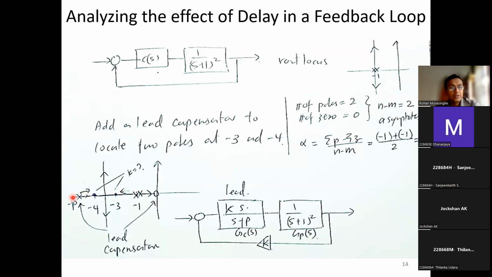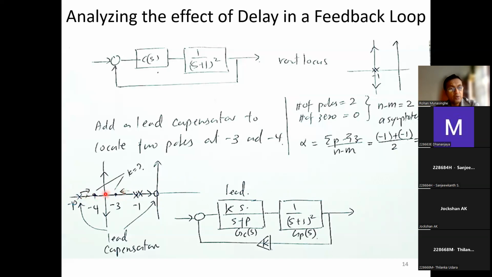When we do that, these 2 poles which were together here, one of these poles will go to the 0 here and settle at this 0. The other pole goes to the left, and there's a new pole coming from the compensator, which is over here, which will also move to the right.